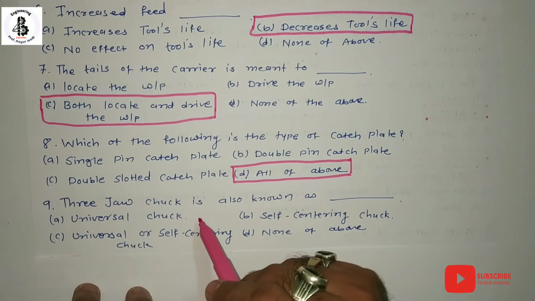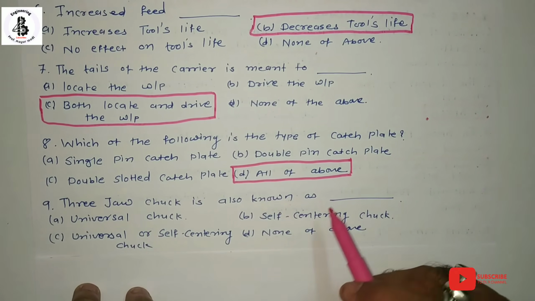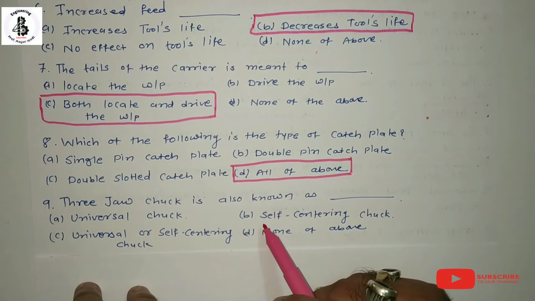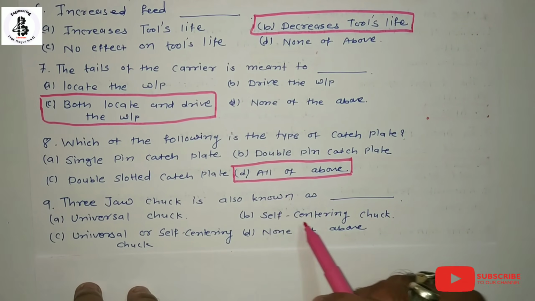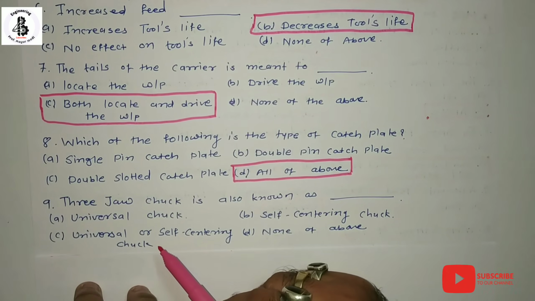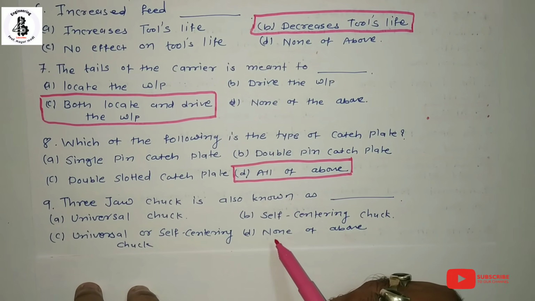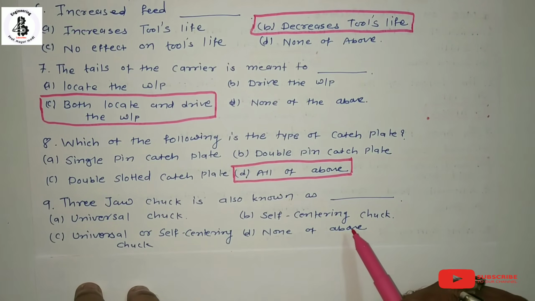Then next question. Three-jaw chuck is also known as: option A, universal chuck; option B, self-centering chuck; option C, universal or self-centering chuck; option D, none of the above.